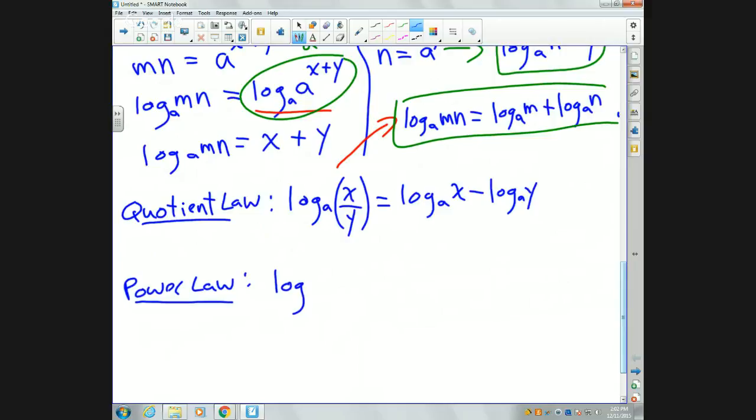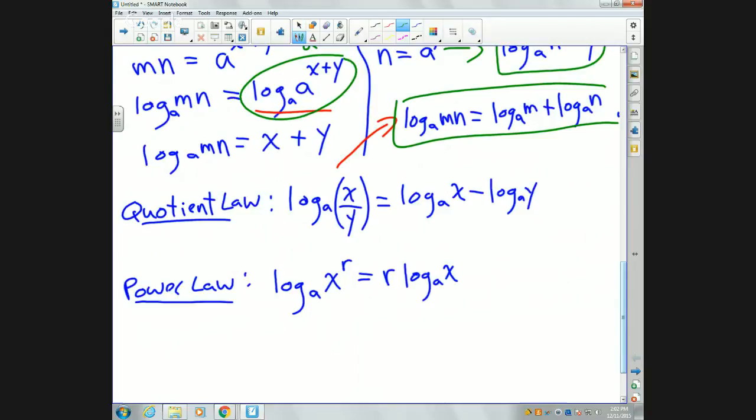And what the power law says is that if we take the log of some number with an exponent, that's just equal to r times the log of x. So log of x to the r with base a is equal to r times log x base a.